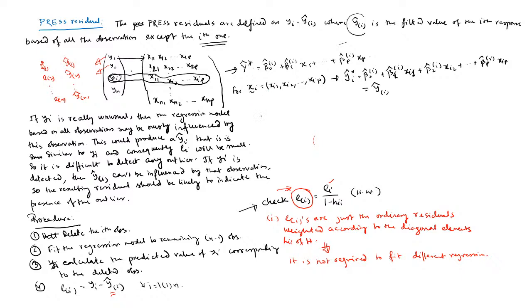Here we see that the residuals associated with points for which Hii is large will have large trace residuals.